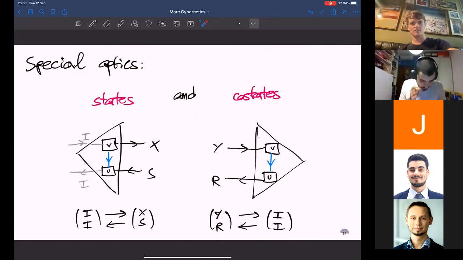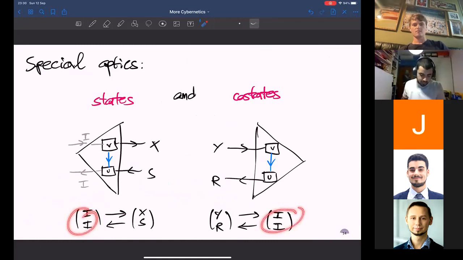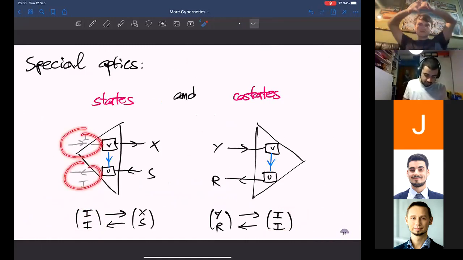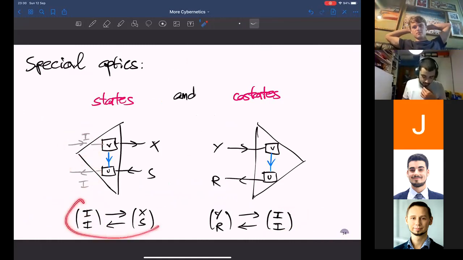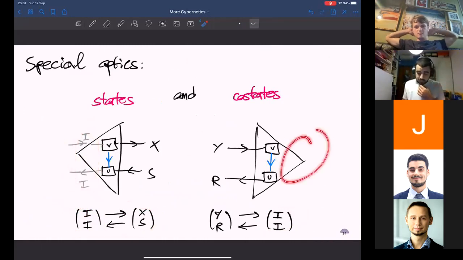And thirdly, there are two special kinds of optics, which are those that have the unit wires as either input or output. You should think of the unit wire as something we don't usually draw. So I drew it here in gray just to show what it means that a state is an optic from this unit. But here I didn't even draw it.